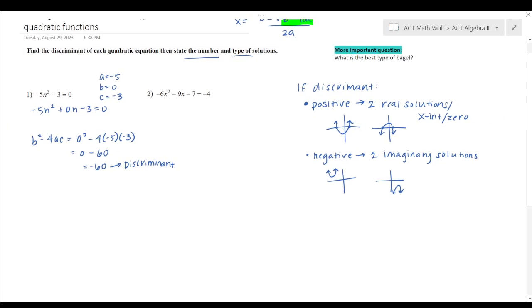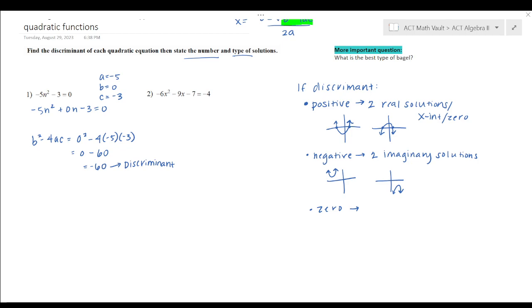There's another case, and that's when you have our answer being 0 for the discriminant. So think about that. When you get a 0 underneath the root, that plus or minus goes away when you're doing the quadratic formula to find the solutions for a quadratic equation.